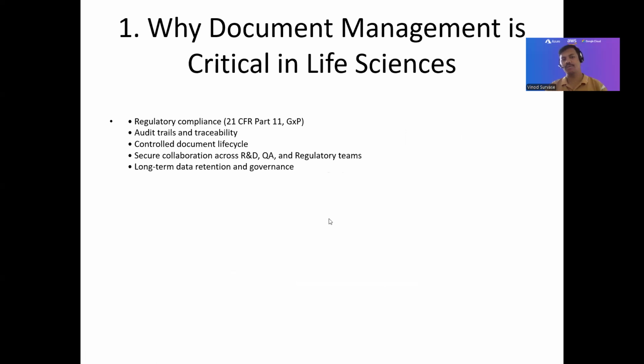Starting with why document management is critical for life sciences, right? I have put together a few of the high-level areas here, including regulatory compliance, which is 21 CFR Part 11, good practices of regulatory compliance and security, audit trails and traceability, controlled document lifecycle, secure collaboration across the R&D department, quality checks, quality assurance along with regulatory teams, and long-term data retention and governance, right?